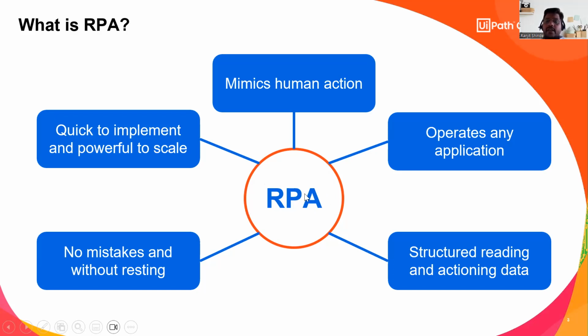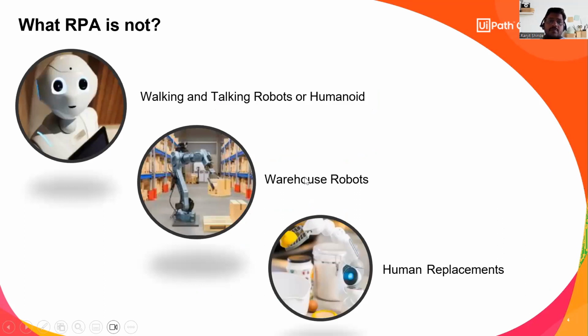Okay, and next, what RPA is not doing. Sometimes robot is related to the mechanical field, to the ENTC field. But in our IT industry, a robot can't walk and it will not talk to humans.